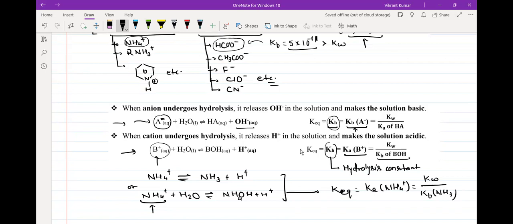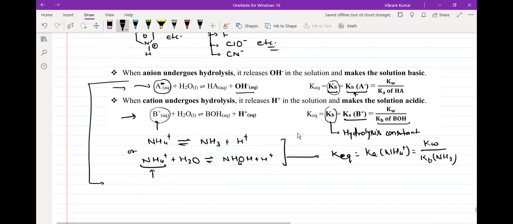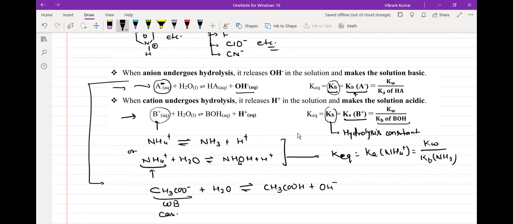Similarly A minus, as I told you, if I give you CH3COO minus, its behavior as a base will be that it will be capturing H plus from H2O to give you OH minus in the solution. That means it is a weak base, which is case 4.